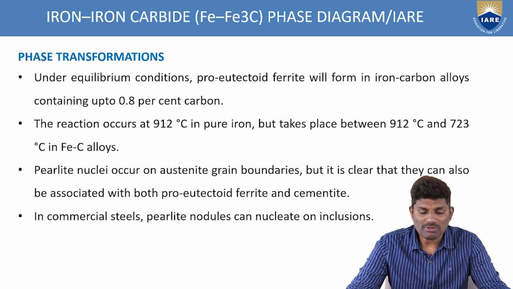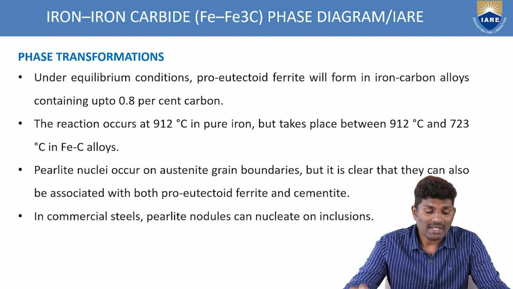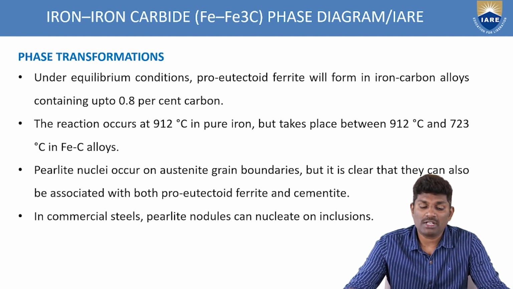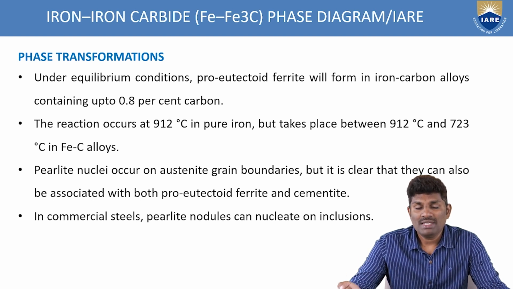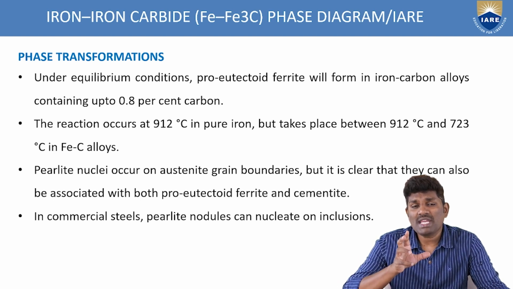And what are the phase transformations? Under equilibrium conditions, pro-eutectoid ferrite will form in iron carbon alloys containing up to 0.8% of carbon. So that is one point you can observe. The reaction occurs at 912 degrees centigrade in pure iron, but it takes place at 723 in Fe3C alloy. So this temperature scale is very, very important.